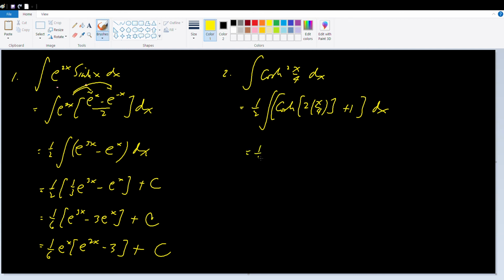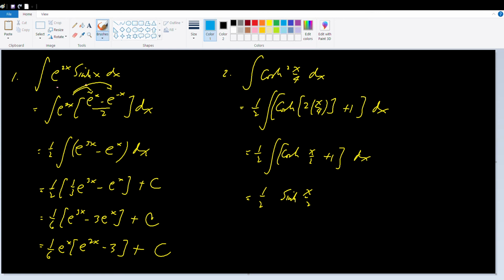So that is 1/2 the integral of hyperbolic cosine of 2x over 4, which is equivalent to x over 2, plus 1 times dx. Then we integrate hyperbolic cosine, which is hyperbolic sine of x over 2.